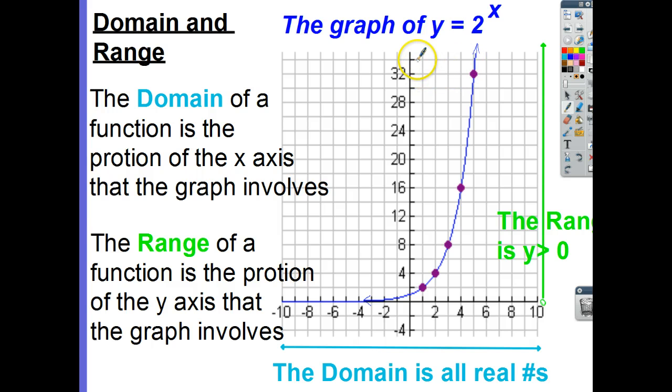Since we have infinity to go to, we can attain whatever positive value we want just by going up as far as we need to. So since this never stops moving to the right, there's no end to where this graph is going to go. So we say it's going to move forever to the left, to negative infinity, and it goes forever to the right, to positive infinity. And so we say that the domain then is all real numbers.